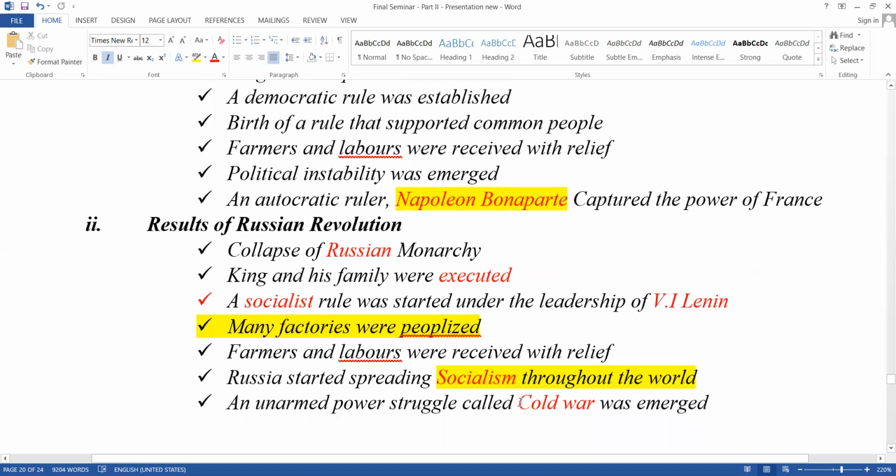That is the second influence to the world due to the Russian Revolution. That is also one of the questions in earlier papers: explain two influences of the Russian Revolution to the world. Spread of socialism and formation of the socialist camp, and emergence of the Cold War situation.